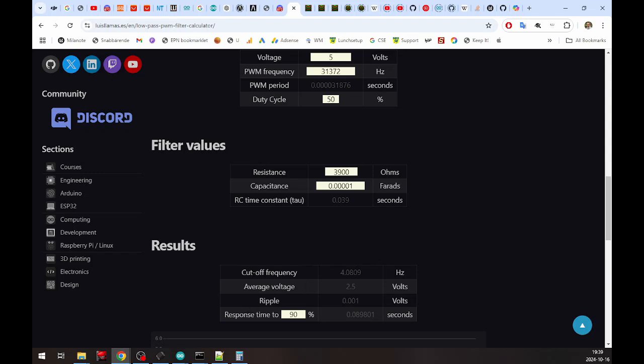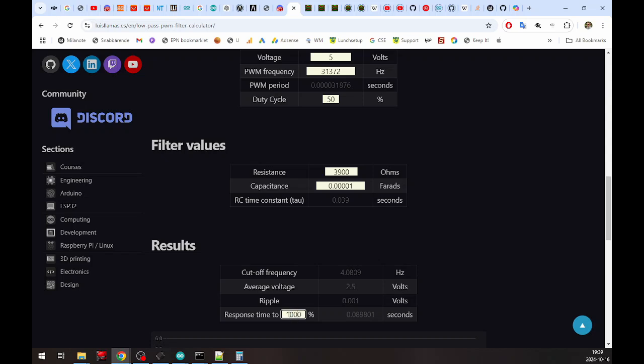But down here, response time to 90% is 0.89. So basically a bit more than double that. And I think this one, the response time, is more important because 90% is at least close enough to 100%, I guess.